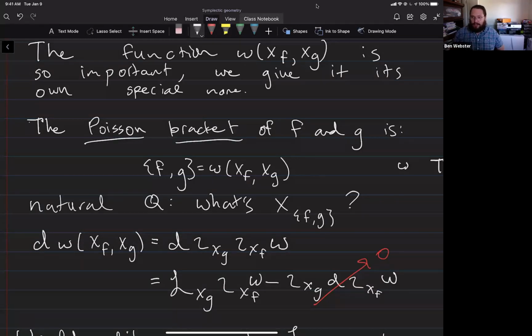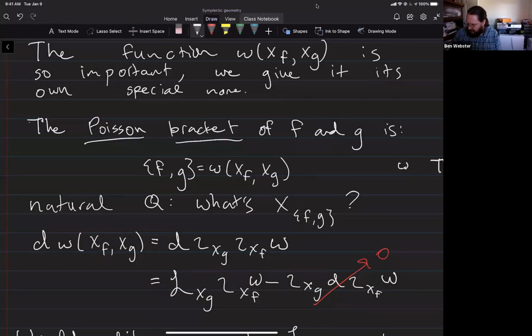And I'll just mention here, because it's real easy to make sign errors when working with this stuff: contraction always means you put that vector in the first entry, right? So if I want the symplectic form of xf, xg, I have to contract with xf first and then contract with xg.